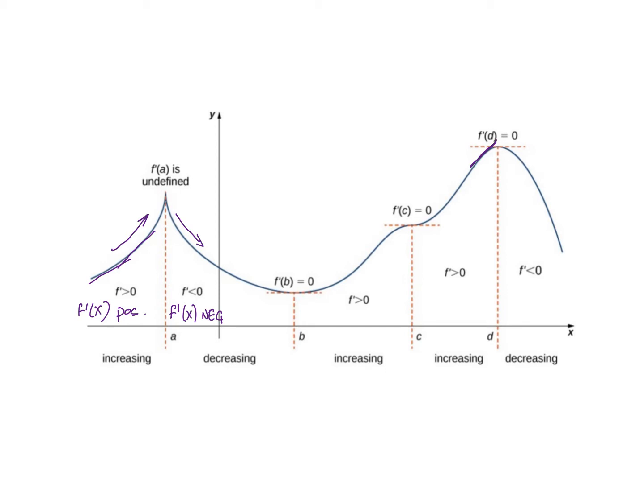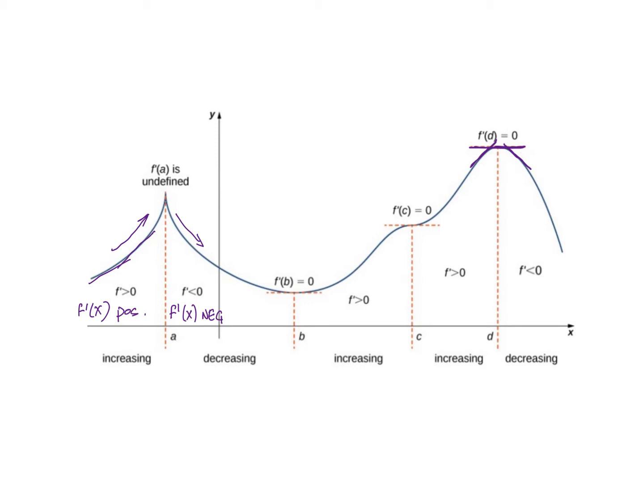Our tangent line has a positive slope. On the right side, the tangent line has a negative slope. And then at the very top, we have our tangent line having a slope of 0. So in this case, f prime of D is 0.